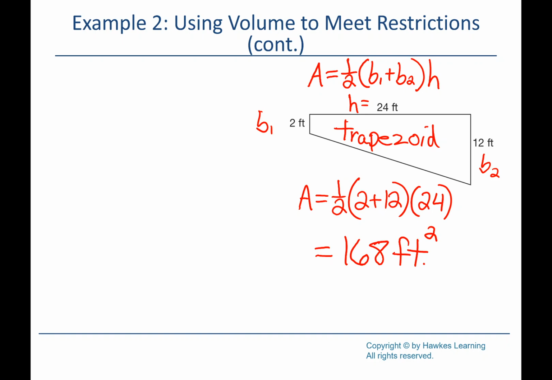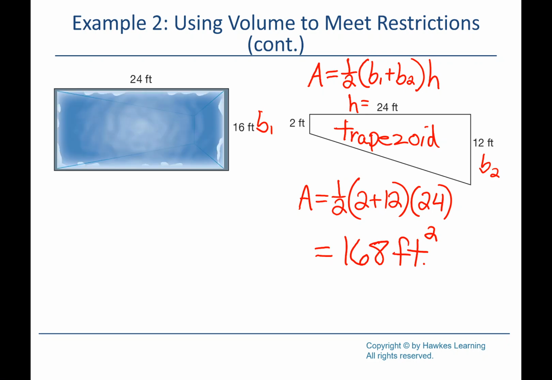To make it three-dimensional and get our volume, we're only missing one dimension. We're missing the width of the pool, how wide the pool is. So we can take our 168 square feet, multiply that by how wide the pool is, 16 feet.